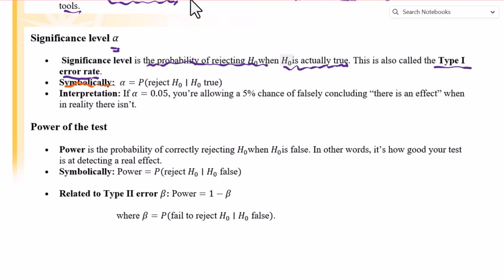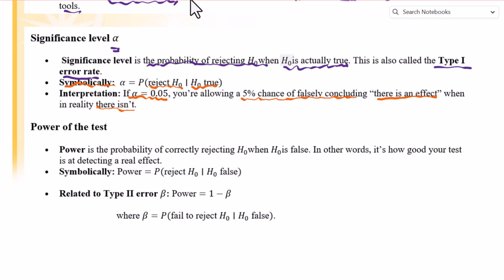Symbolically, alpha equals P of reject H0 given that H0 is true. If alpha equals 0.05, you are allowing a 5% chance of falsely concluding there is an effect, when in reality there isn't.